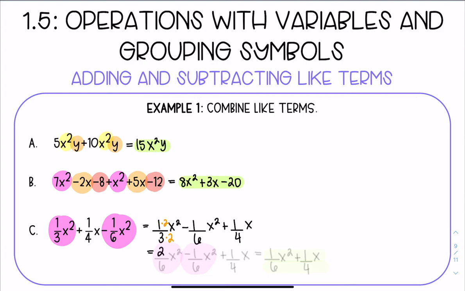So we have 2/6 x squared minus 1/6 x squared plus 1/4 x.